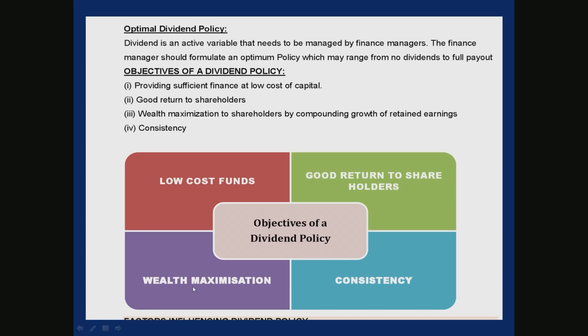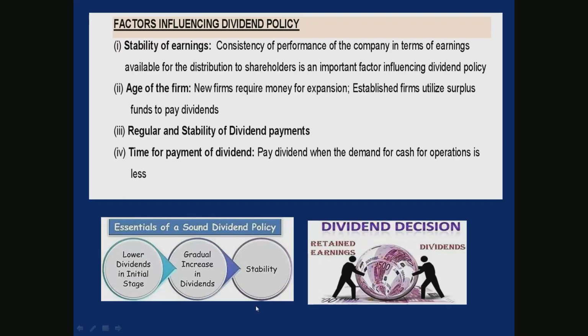Wealth maximization refers to the total profits that the company has retained or amassed over years. So if the company pays very high dividends every year, leaving less for the reserves, wealth would be lesser. If they retain more, their wealth would be higher. So they have to balance between the four: cost of funds, good return to shareholders, consistency and wealth maximization. So these are the objectives of a good dividend policy.